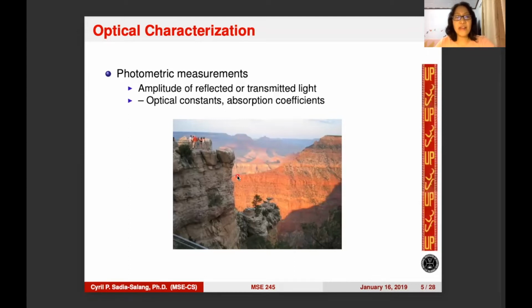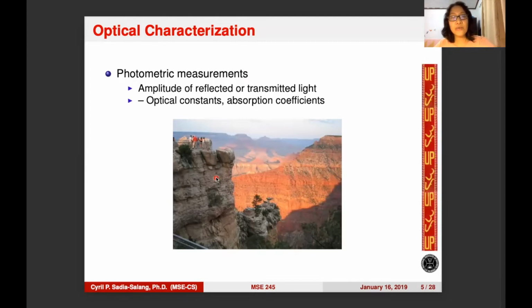Refractive index is defined as the ratio between the speed of light in vacuum and the speed of light in a medium of greater density. The absorption coefficient describes the intensity attenuation of the light passing through a material.